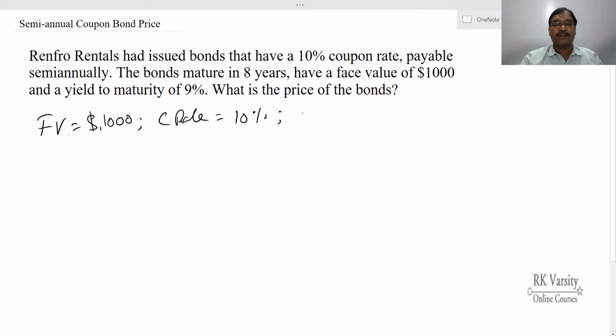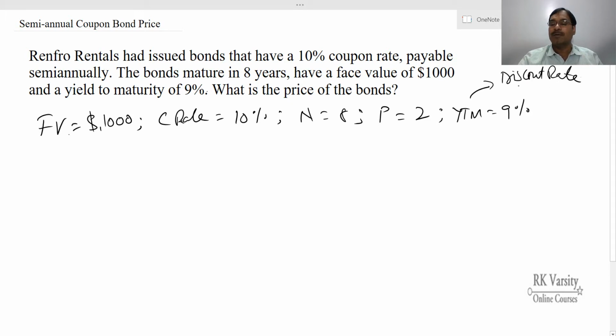Then the bond matures in 8 years, N equals 8. The number of coupon payments, that is P, equals 2 because it is semi-annual. Then your yield to maturity is 9%.